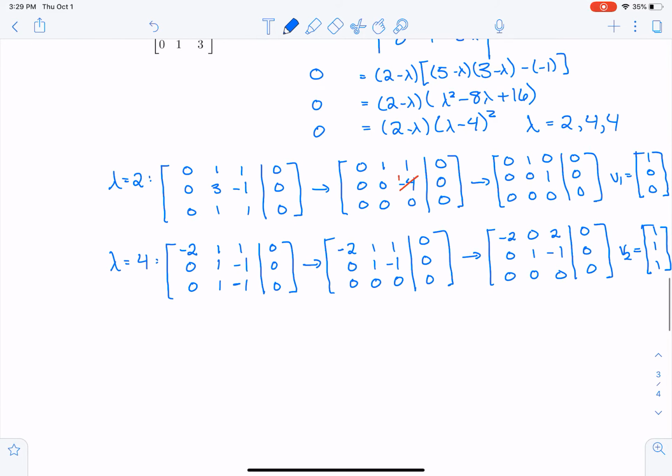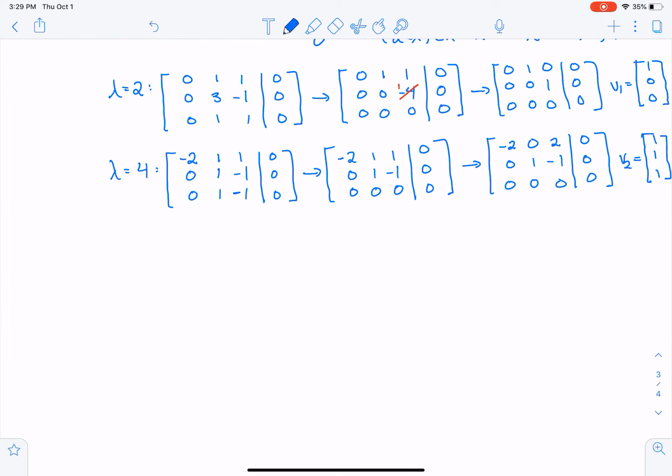Okay, now I would like to do the generalized eigenvector that goes along with lambda equals 4. So what I need to solve here is going to be negative 2, 1, 1, 0, 1, negative 1, 0, 1, negative 1. But the right-hand side now is going to be 1, 1, 1.